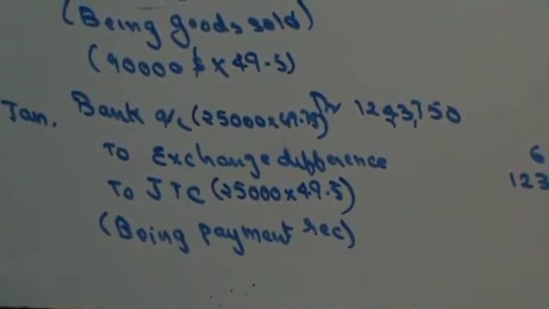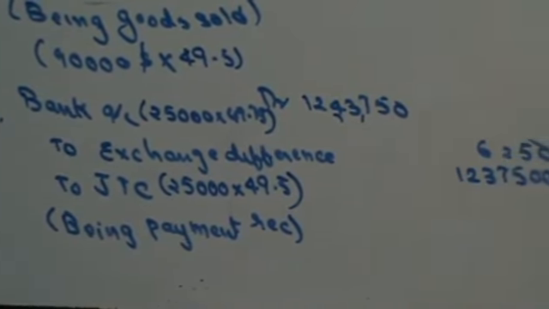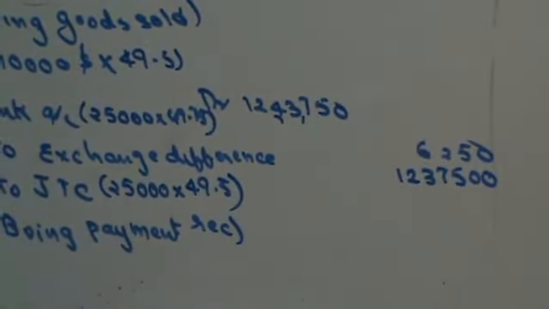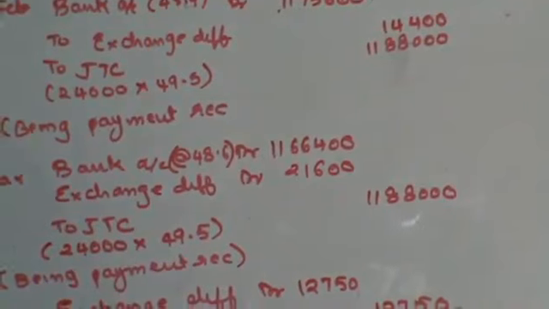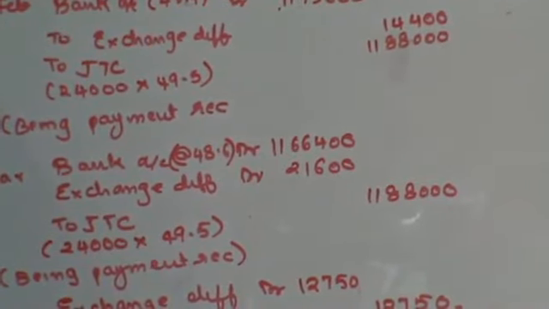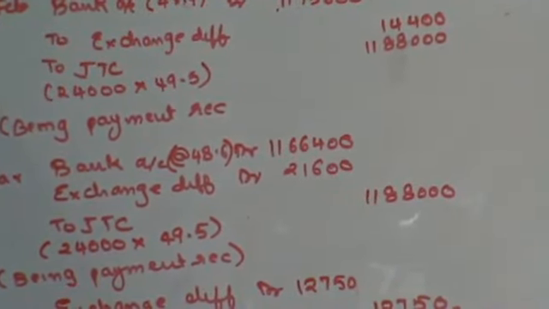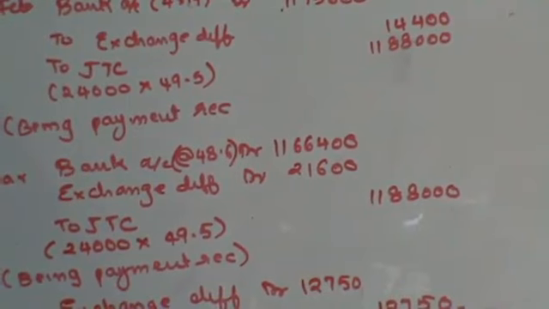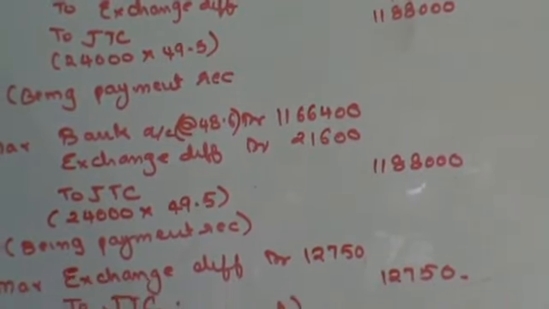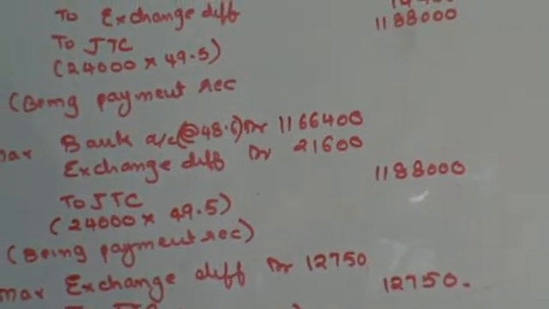I made a profit of 6250, right? Then I made a profit of 14,400. Someone just check this. I think this figure you gave me is wrong. And then I made a loss. So I've made a loss of 21,600 and I've made a loss of 12,750. So how much is the net loss that I made?